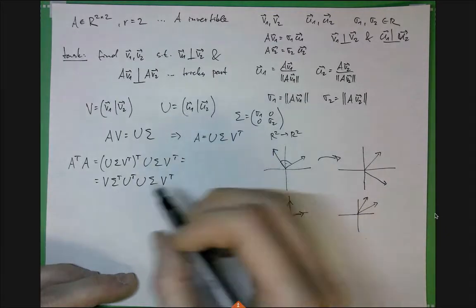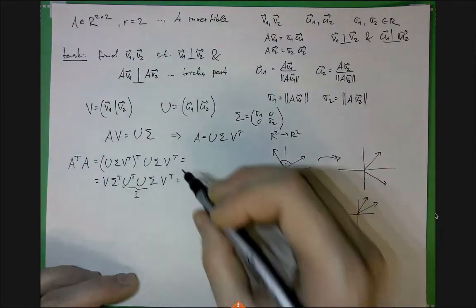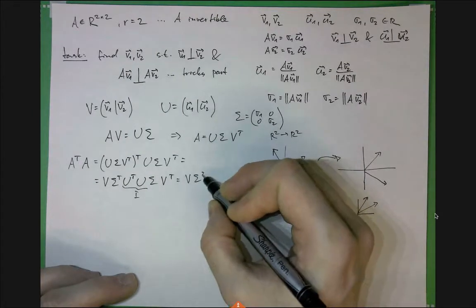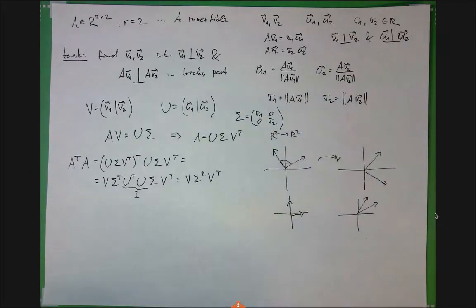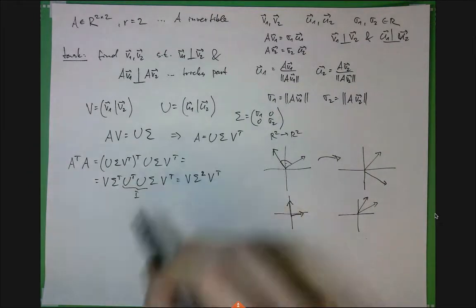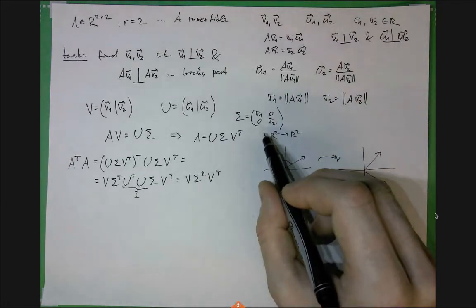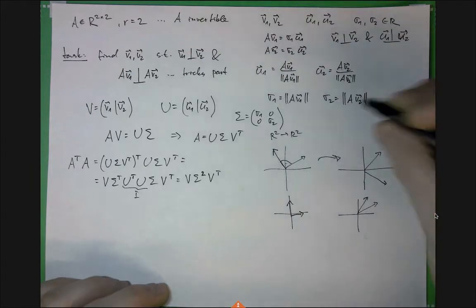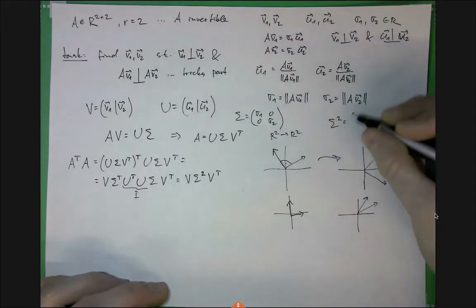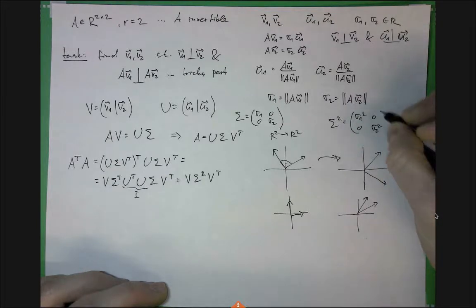We know that U is orthonormal, so this is identity. And because sigma is diagonal, sigma transpose is just sigma, and so sigma times sigma is sigma squared. So how does sigma squared look? It's just sigma 1 squared, 0, 0, and sigma 2 squared.